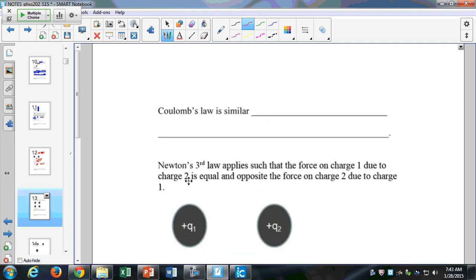Alright, so Coulomb's law is very similar to Newton's universal law of gravitation. Remember, we have Coulomb's law, K, Q over R squared.